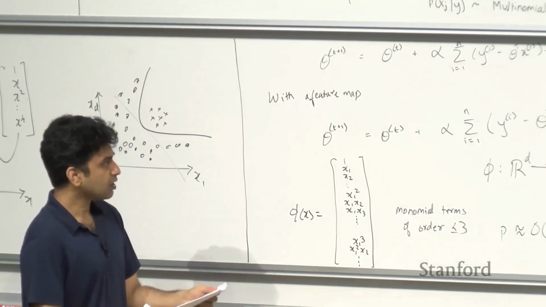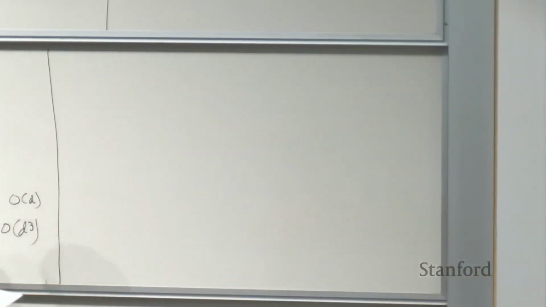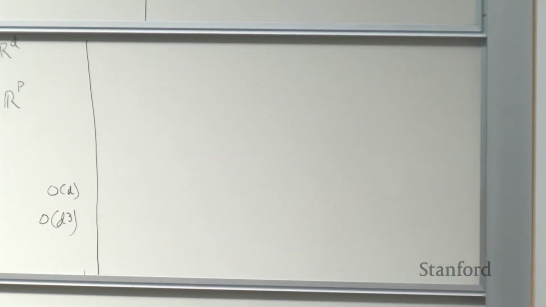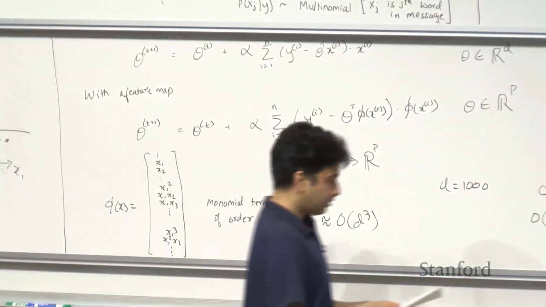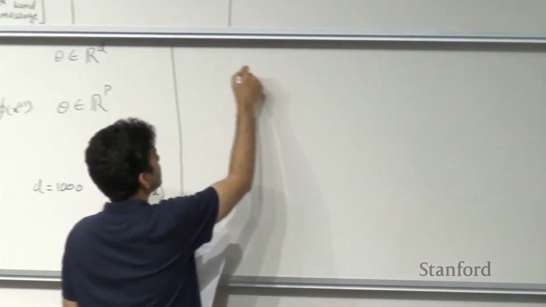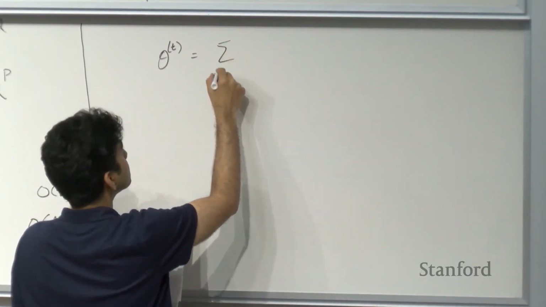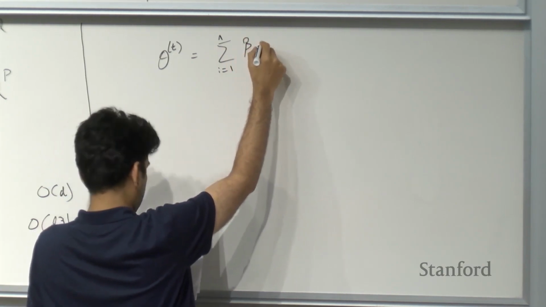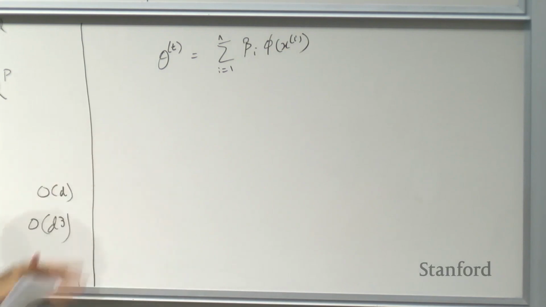Now let's make a few observations. The claim here is that in linear regression, if we start with theta naught equal to the 0 vector as our initial starting point and start gradient descent from there, then any theta vector, theta t, can be represented as the sum from i equals 1 to n of beta i phi of xi.